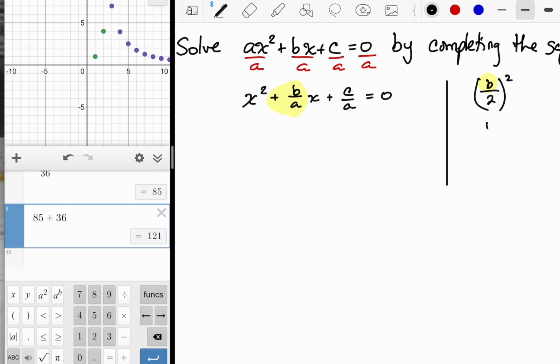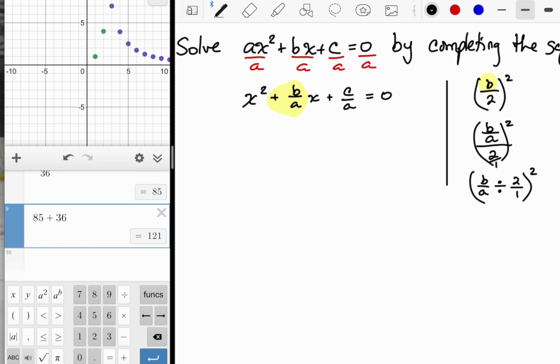So we'd say b over a over 2, squared. You don't have to show the intermediate steps here, but you may want to. That 2 is thought of as 2 over 1. So you have in the parentheses b over a divided by 2 over 1, squared.